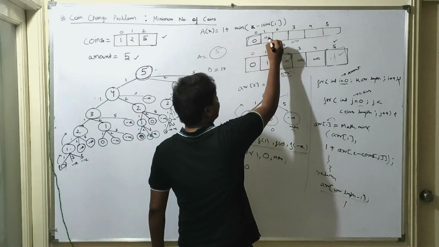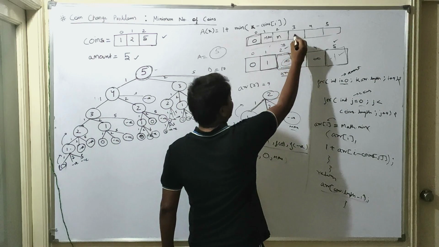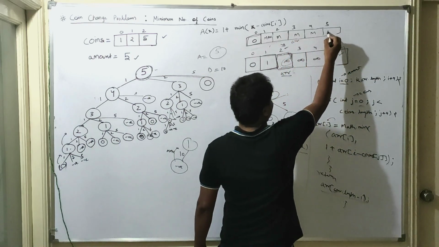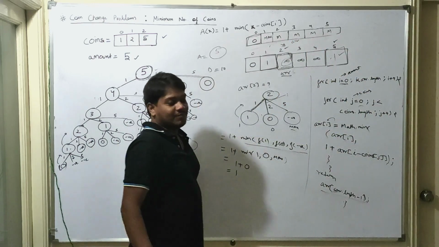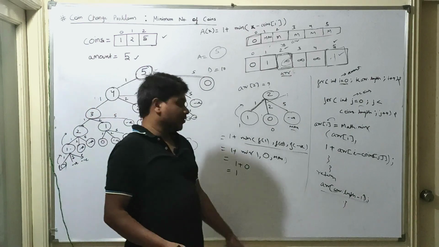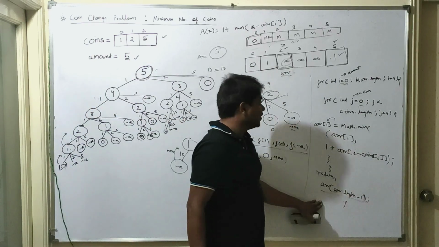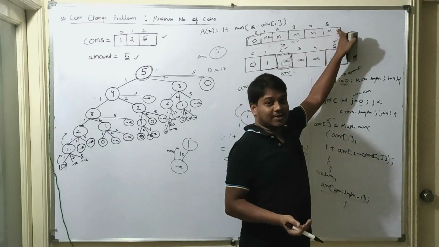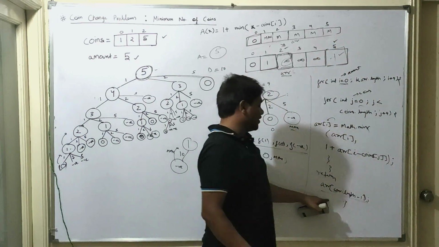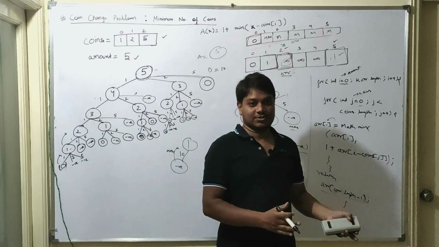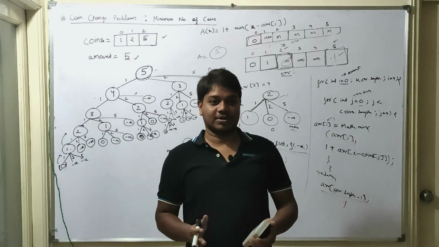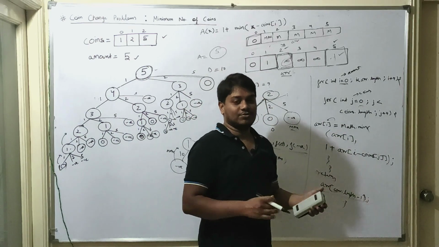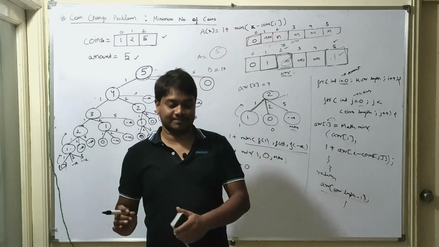So this will have some maximum value, then again maximum, and then again maximum, for all the other denominations. So at the end of it, we can check if we have the maximum value which we already initialized the array with, then in that case we do not have any minimum number of coins that we can make for that amount using the denominations which we have been given.